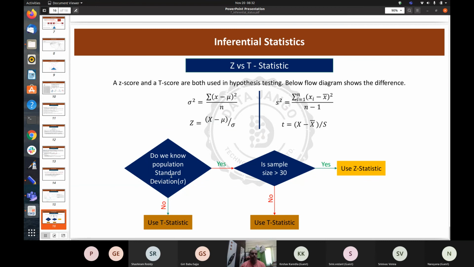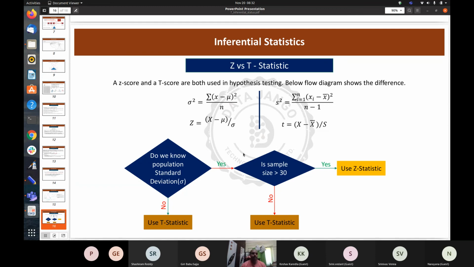If you don't have the population standard deviation, however big the sample may be, you do a t-test only. If the population standard deviation is there, is the sample size greater than 30? If the sample size is greater than 30, you use z-score calculation formulas. If the sample size is less than 30, you use t-test.